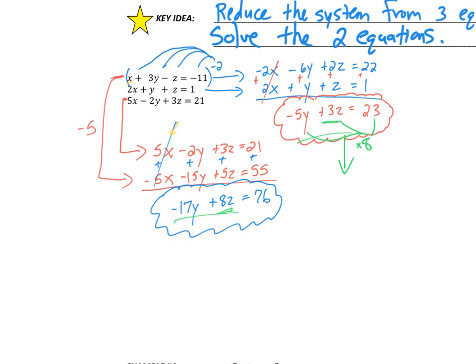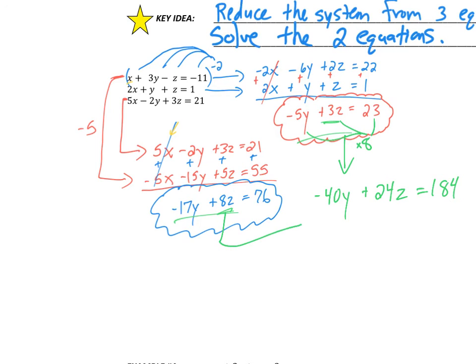So everything in this equation is times 8. 8 times -5 is -40y. 8 times 3 is +24, so 24z. And 8 times 23, I'm going to grab my calculator. 8 times 23 is 184. Pretty big number, I know, but we can deal with it.